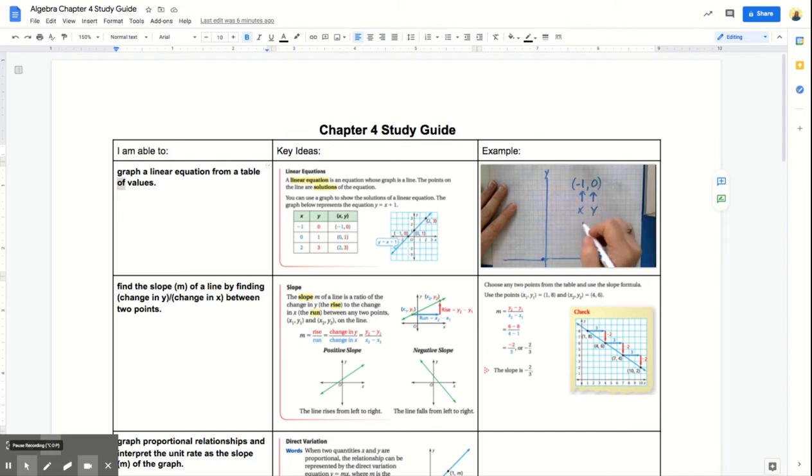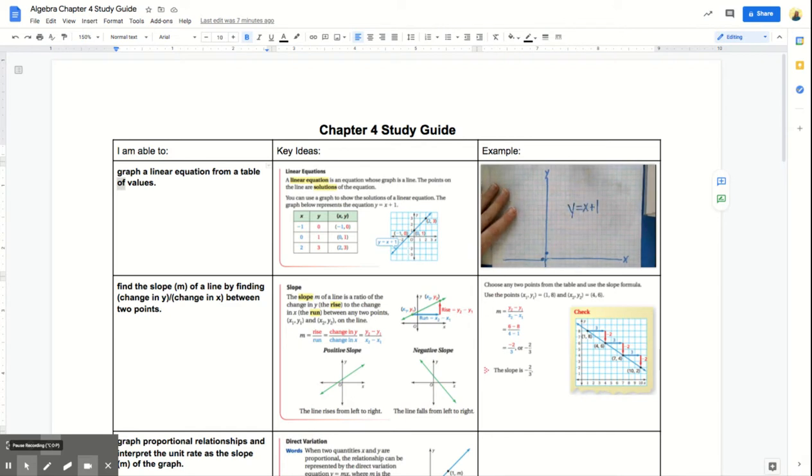If we were to plot the next one, (0, 1), that means our x value is 0, our y value is 1, so it would be right there. Do remember, just like in the alphabet, x comes first and then y. You're always going to remember x is the horizontal axis and y is the vertical axis.